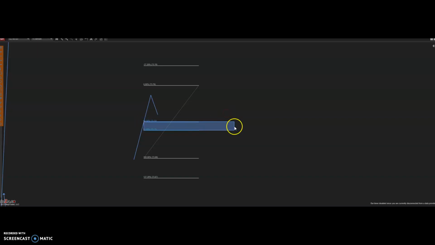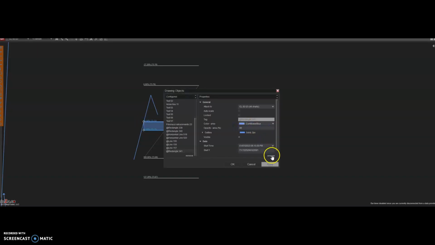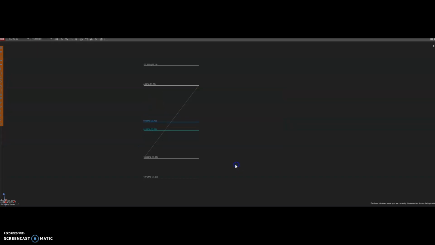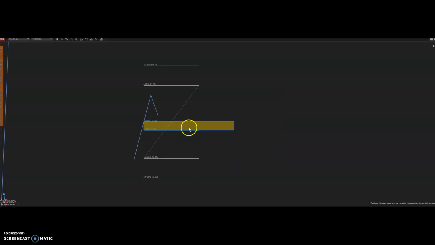On my chart, I like to keep everything visual, so I'll color code that so that I know when I drop down to a smaller time frame that this area here is my golden ratio zone.